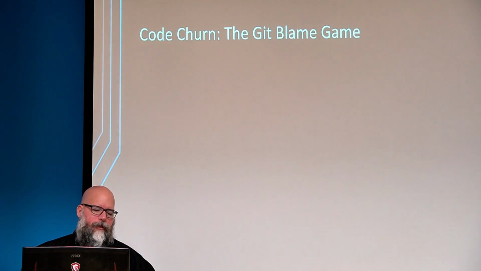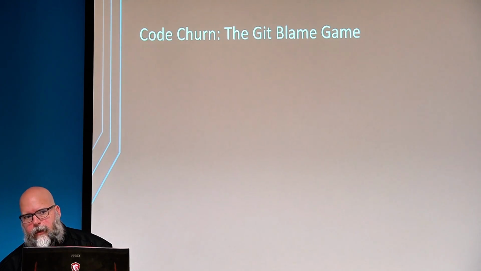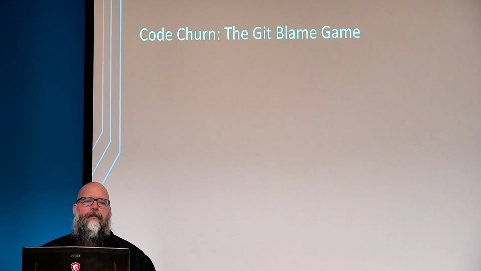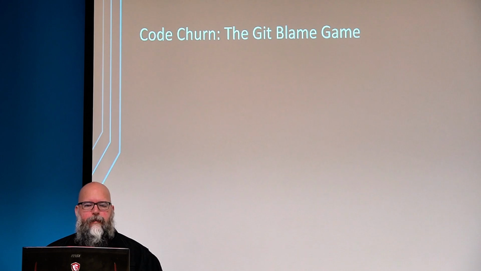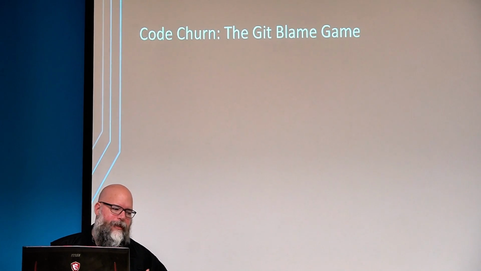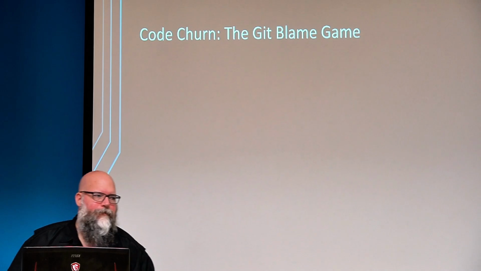Where you want to see the code churn trend down is the longer the project goes on, right? Hopefully you're writing smaller amounts of code, doing small bug fixes here and there. You're not just checking in giant commits where you remove 100,000 lines of code.